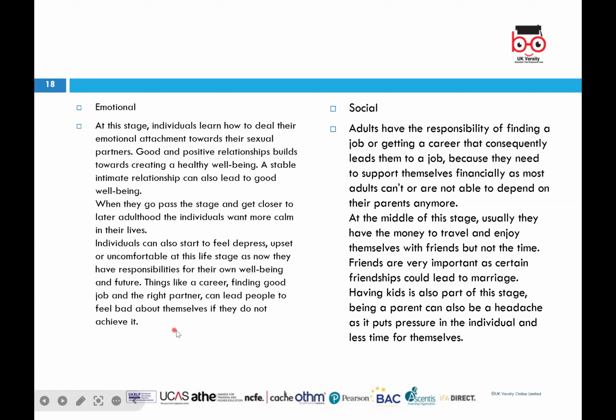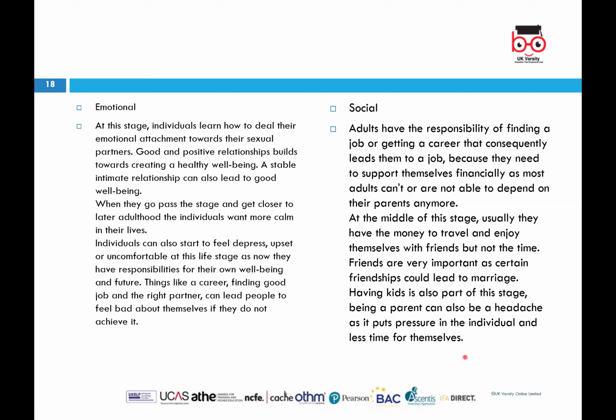Coming towards social aspects. Because these people at this time are mostly close to the time when they end their careers, they end their jobs. So at the end of this, their friends become very important.